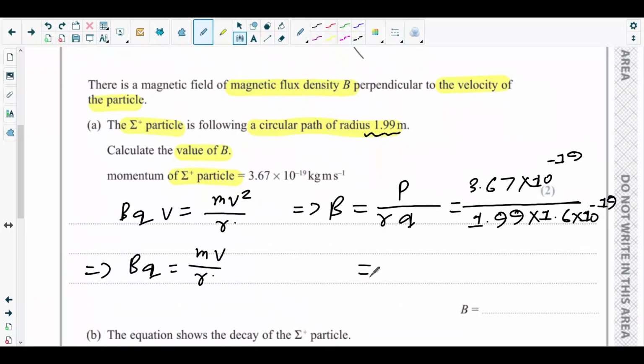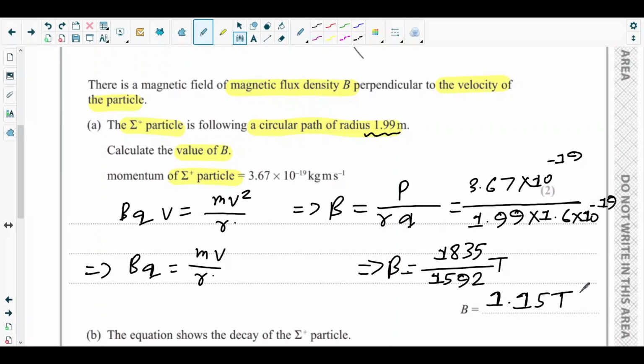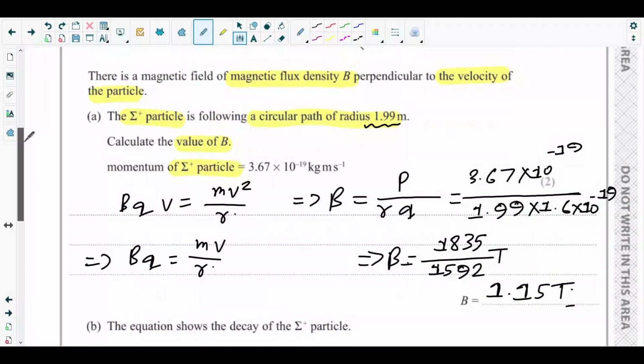That would give you 1835 over 1592, that much Tesla. In decimal, in 3 significant figures, we can write it as 1.15 Tesla. That's the answer for part A of question number 18.